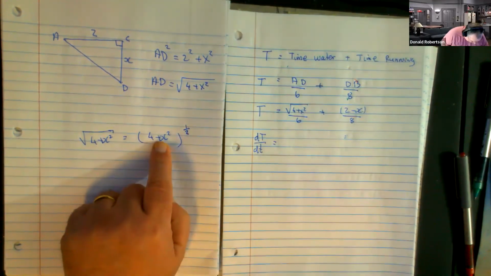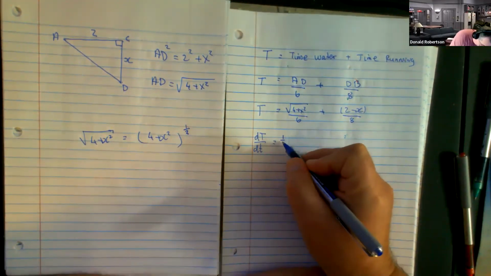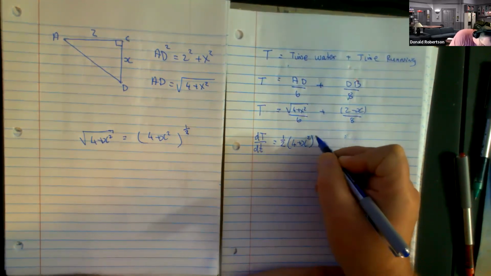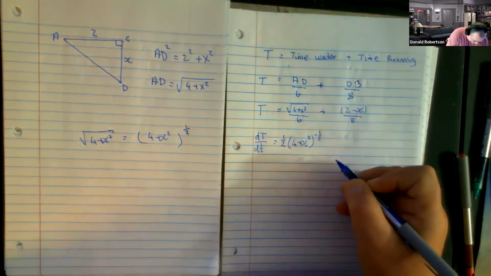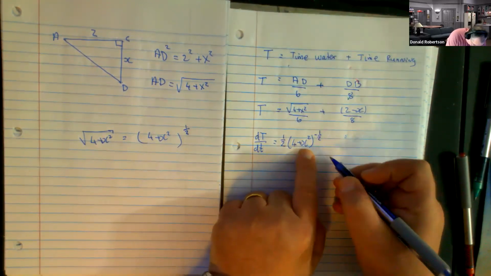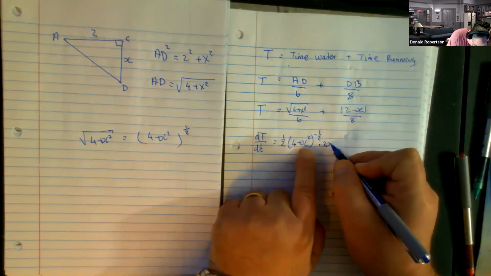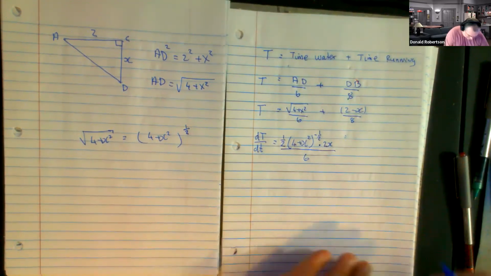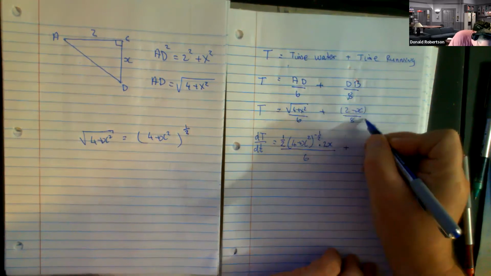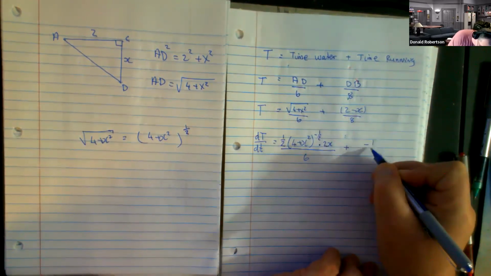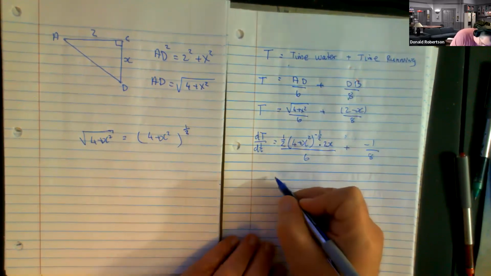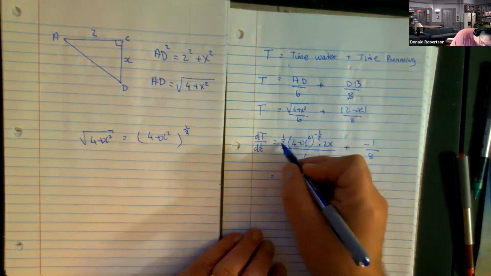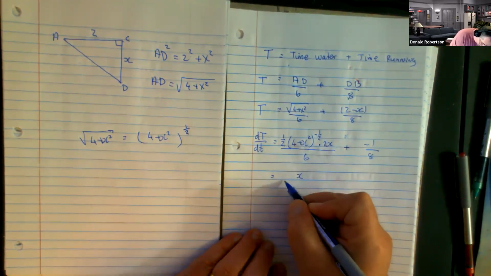Now, thinking of it like that, it's 1/2 (4 plus x squared), reduce the power by 1, and then notice it's a chain rule. So the derivative of the inside function is 2x. And just put that whole thing over 6. Now, if you want to differentiate this guy, you get -1 and put the whole thing over 8. And now I'm going to make this as pretty as I can. That times that cancels and you get an x.